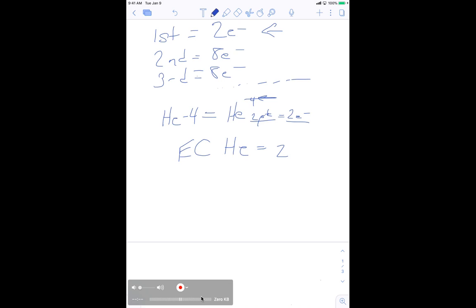But what if we go to oxygen? Oxygen has an atomic number of 8 and an atomic mass of 16. So with 8 protons, that equals 8 electrons. Now it gets a little different. How many can fit in the first shell? The answer is 2, so we put 2 in there. We're left with 6 electrons.